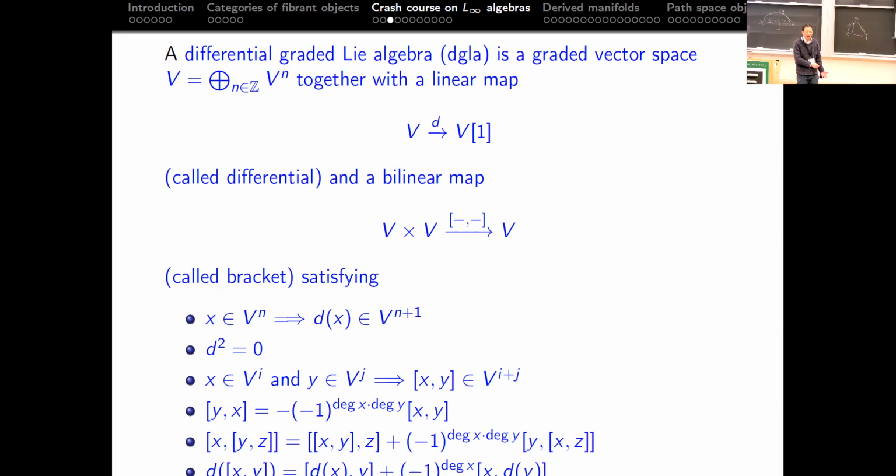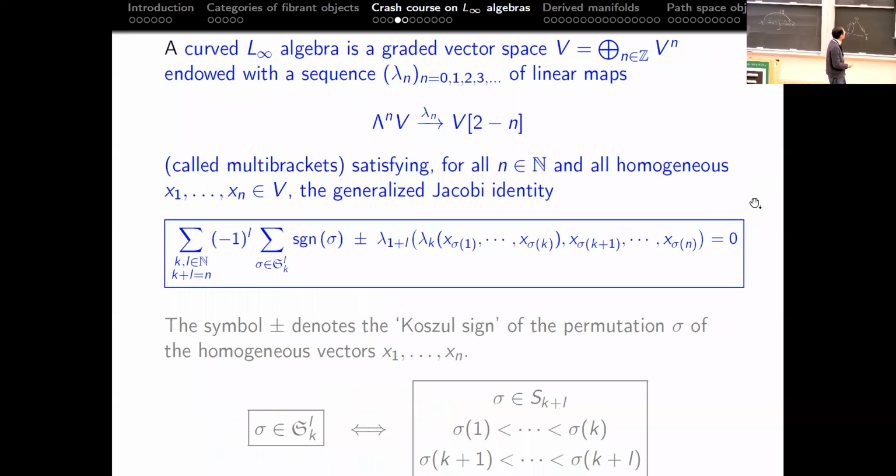So what is an L-infinity algebra? It's just an extension of this notion to many more operations. Here I'll be careful, I need a curved L-infinity algebra. You start with a Z-graded vector space, and you have a bunch of maps lambda_n with degree 2 minus n, including lambda 0.